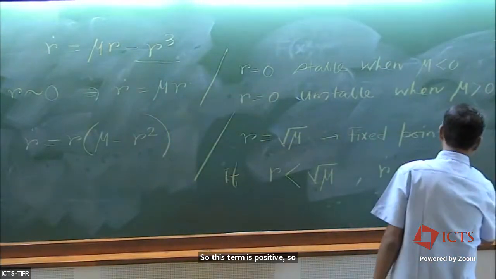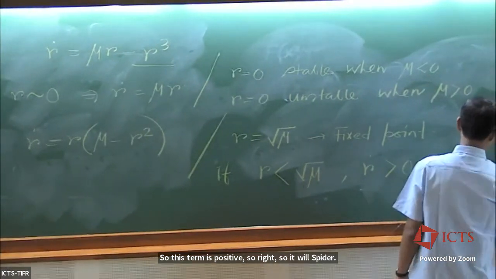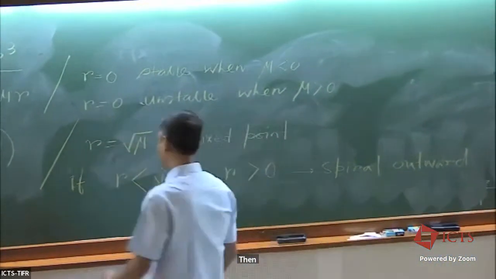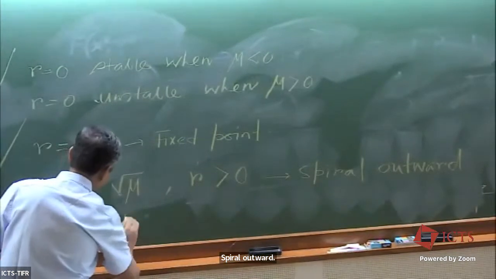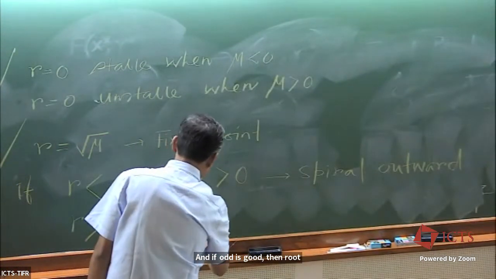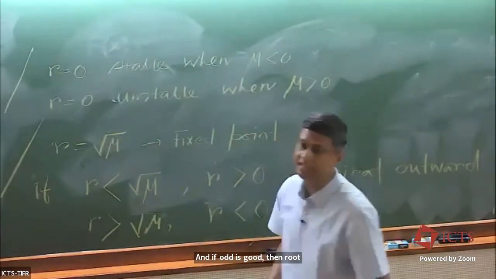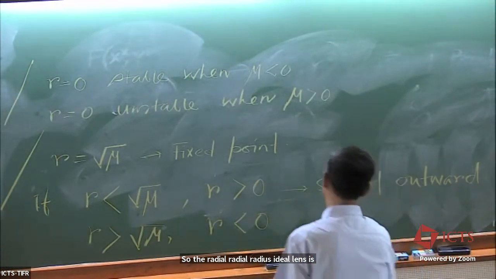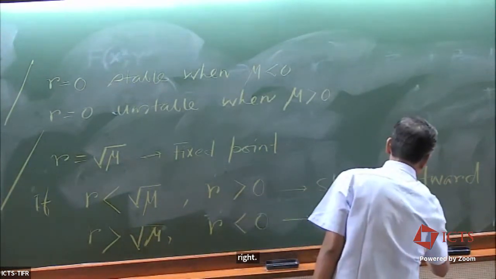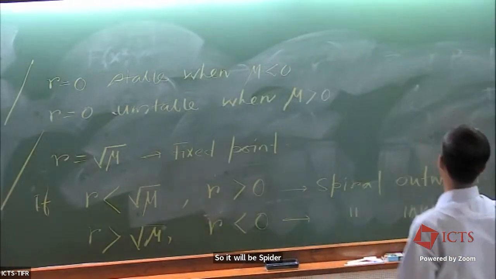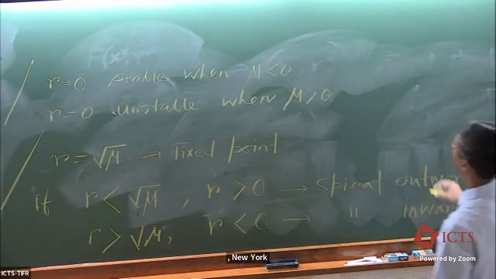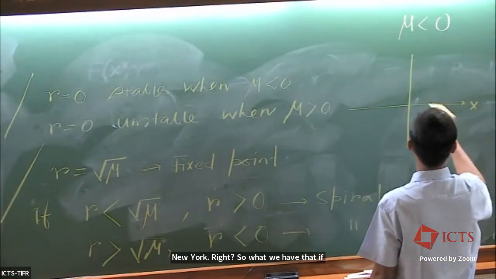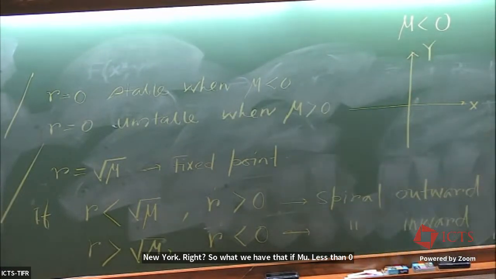So it will spiral outward, and if r is greater than root mu, then r dot is less than 0, so the radial length is shrinking then, right? So it will spiral inward, right?